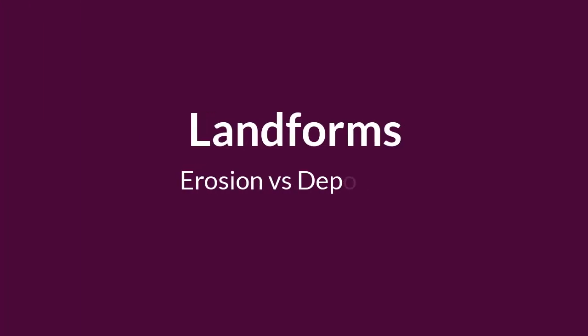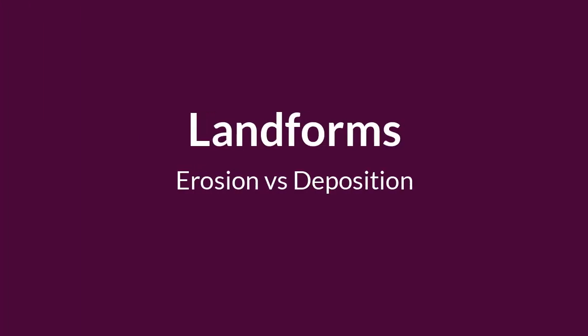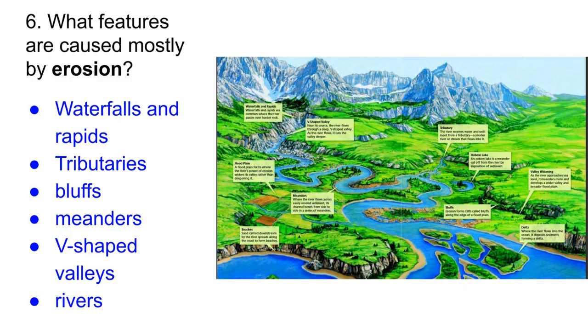So this last section is all about distinguishing between the landforms we see in the environment and whether they were caused by erosion or by deposition. These are the features that you can see in the image to the right that were caused by erosion, or sediments being moved away.